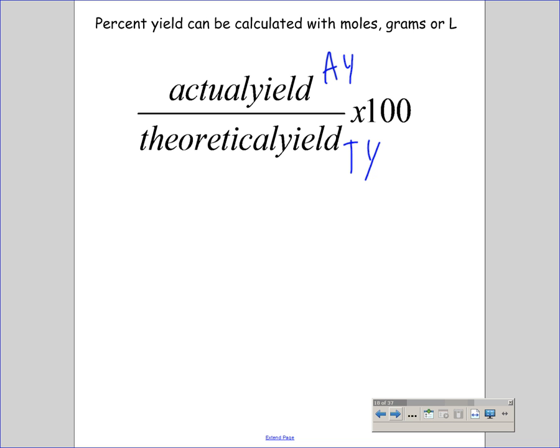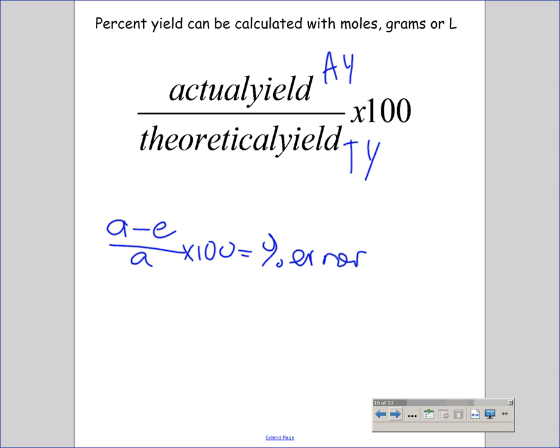Do not mix this up with percent error. A lot of people mix this up with percent error. What's percent error? Actual amount minus experimental amount over actual times 100. That's percent error. This equation is different than actual yield over theoretical yield, which is percent yield.